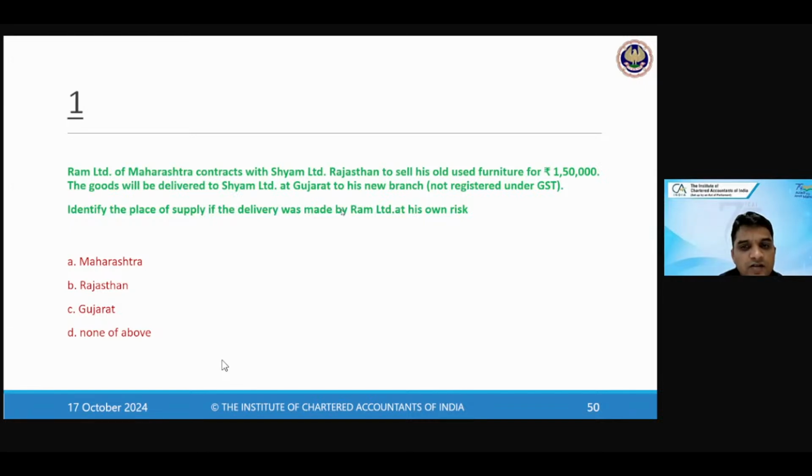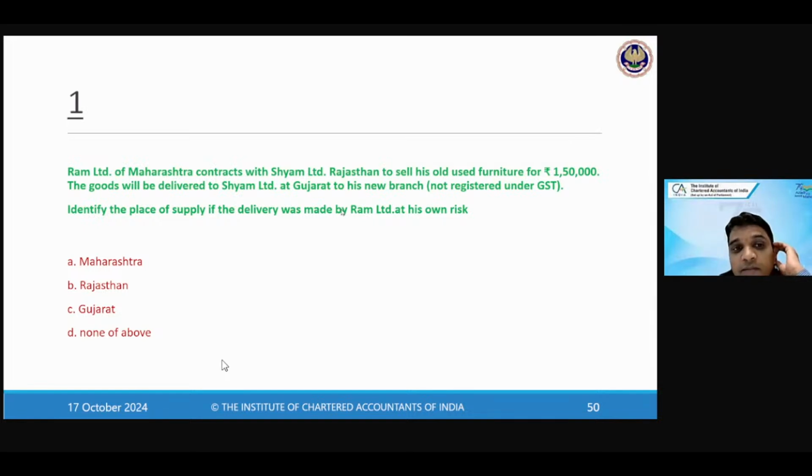Maharashtra, reverse charge. Maharashtra. So you are saying Rajasthan also. See, Ram Limited is in Maharashtra. He has contracted with Shyam Limited to sell his old furniture. The goods will be delivered to Shyam Limited at Gujarat. So where is the delivery happening?